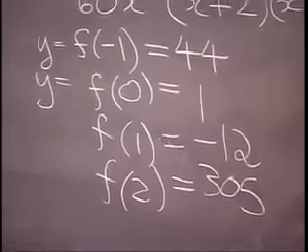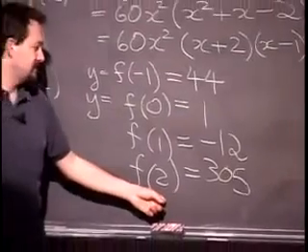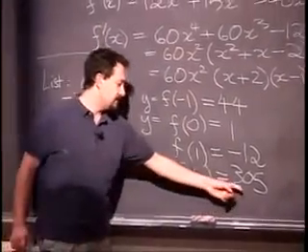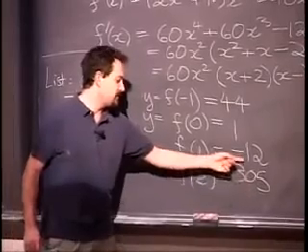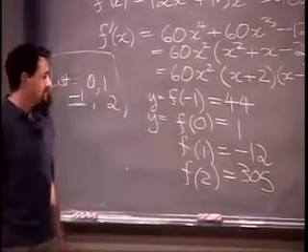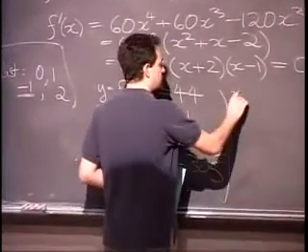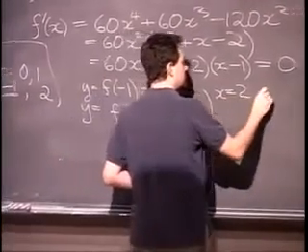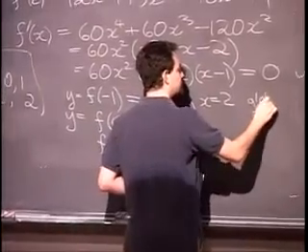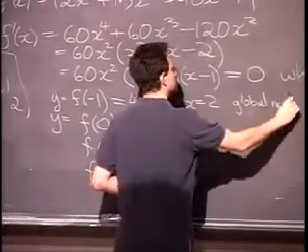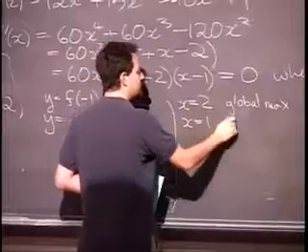Well, the answer is that the highest value is at 2, so that must be the global maximum, and the lowest value is at 1, where it's minus 12. So the conclusion is that x equals 2 is the global max, and x equals 1 is the global min.